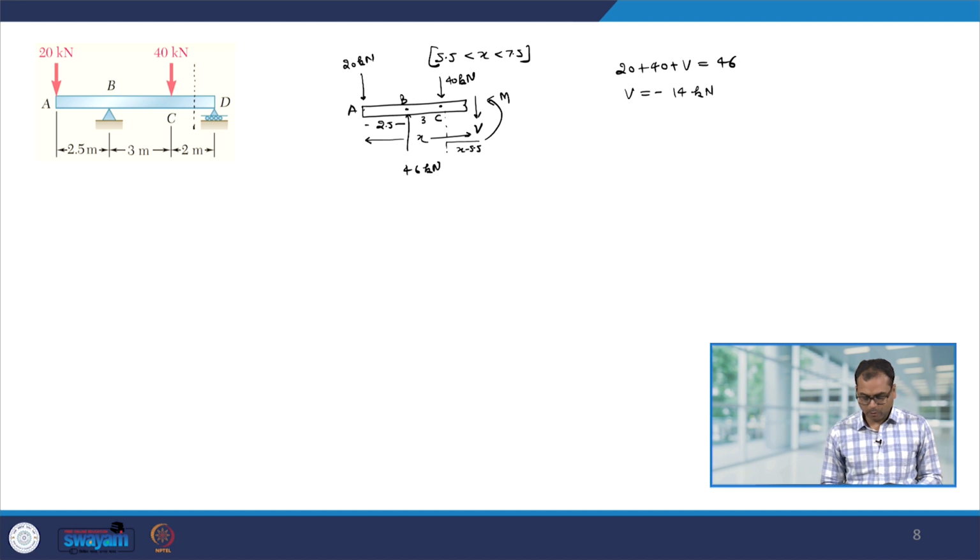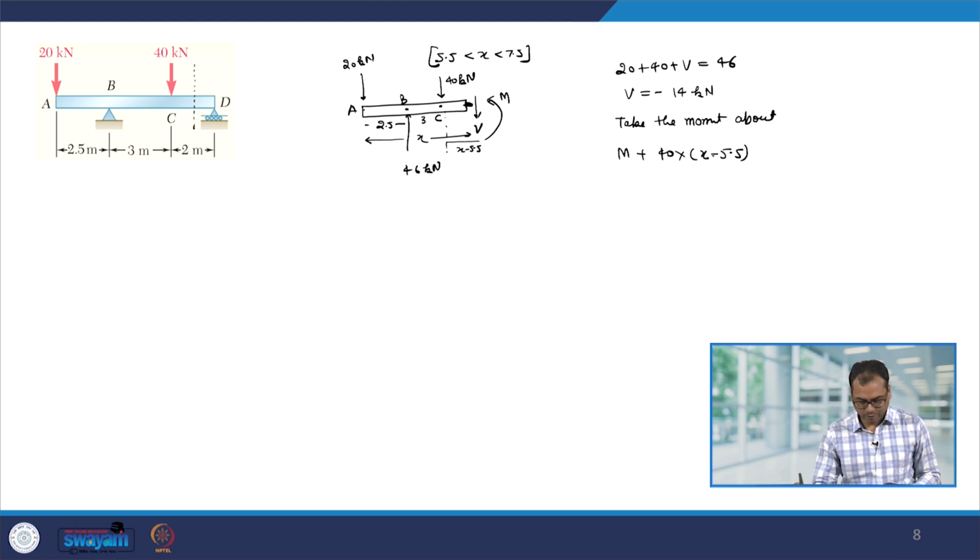Now, to find out the moment, let us take the moment about this point. So, we have m plus 40 kilonewton into x minus 5.5 plus 20 into x equal to 46 into x minus 2.5 meter.